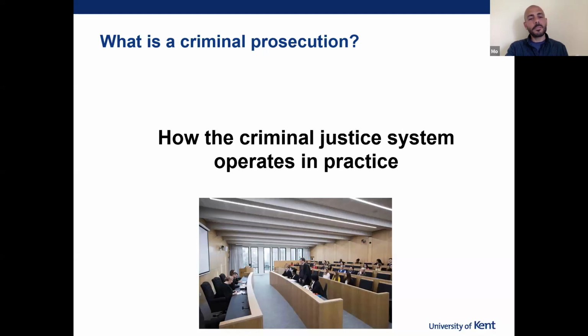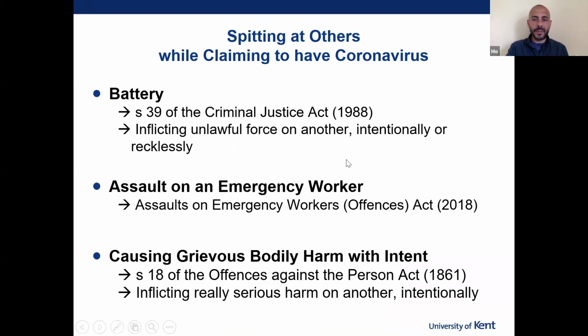Now, let me show you the next slide, where I will look at some of these offences which could potentially be used by the Crown Prosecution Service to address these problems. One of the very old offences in the book is the offence of battery, subject to Section 39 of the Criminal Justice Act 1988.